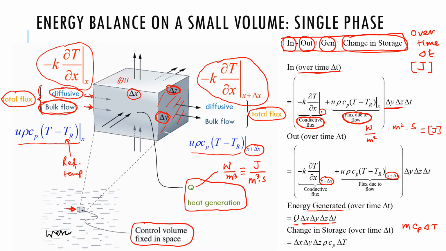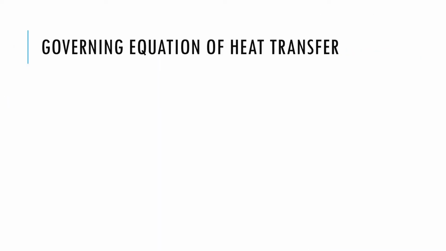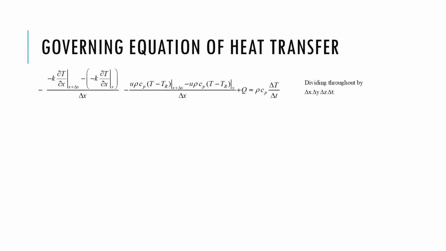The mass of that control volume is its volume times density. So that times the specific heat times delta T is the change in storage. So we put all this together, and we get this equation.